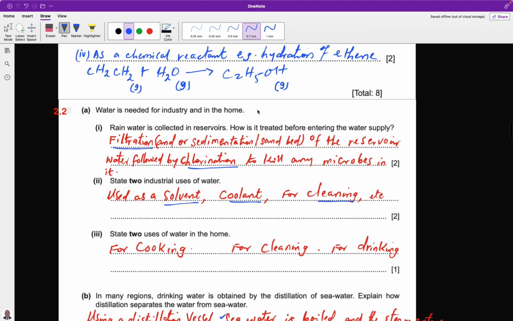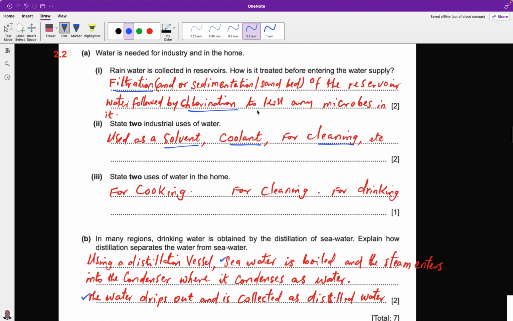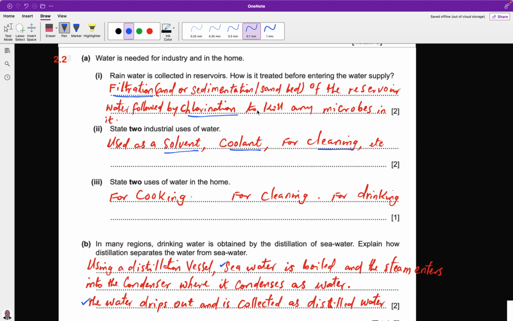Okay, question number 2.2. Water is needed for industry and in the home. Rainwater is collected in reservoirs. How is it treated before entering the water supply? In some communities or in some estates, there's a collection of rainwater. Those rainwater now goes into a reservoir.